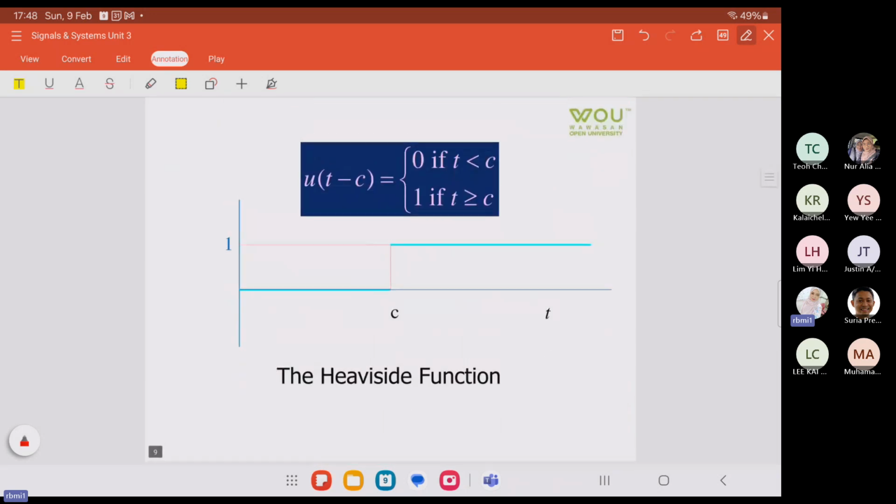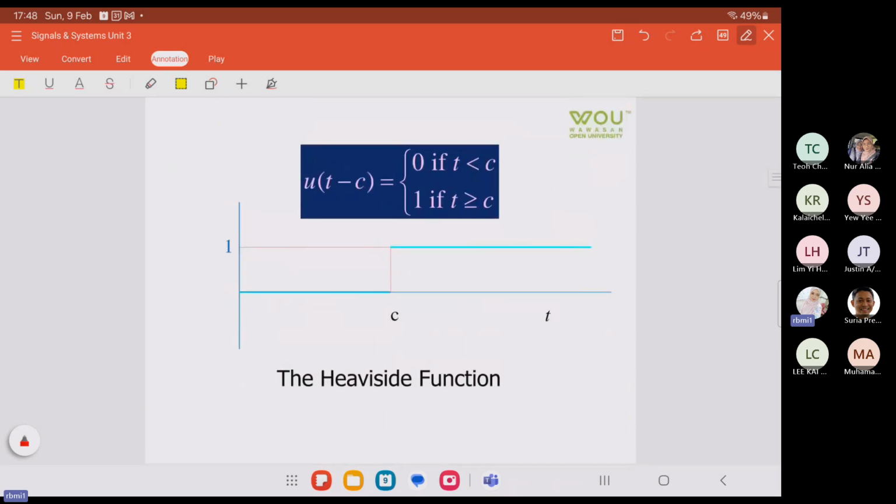From here, this is the application from 0 to c. This one is the off condition, and this is the on condition, which coincides with the Laplace transform of the function f(t) equals 1 for t greater than 0.